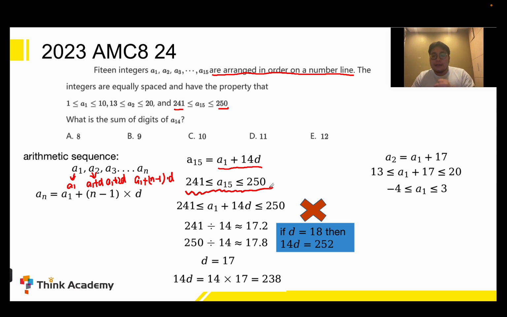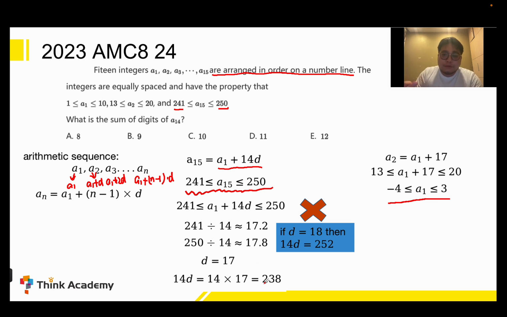So a1 plus 238 should be bigger than 241 and smaller than 250. Can a1 be 1? No. 2? No. So a1 can only be 3.